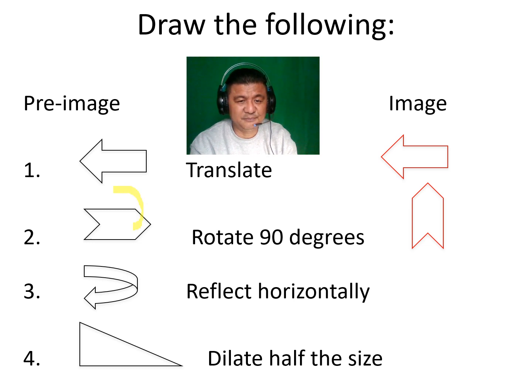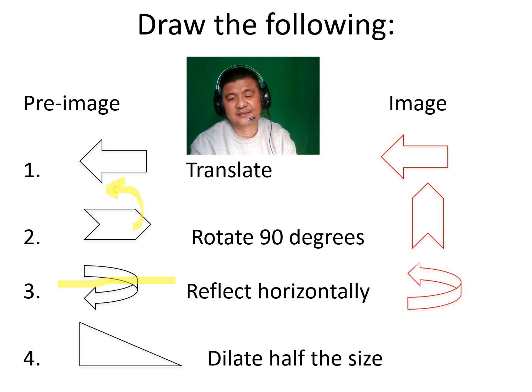It stands up like that, 90 degrees, if you do it counterclockwise, but if it's clockwise, it'll be the other way. How about this? Reflect horizontally, meaning your mirror is over here. If it flips, what will it look like? There you go. That arrow goes up. And dilate half the size, it becomes smaller.